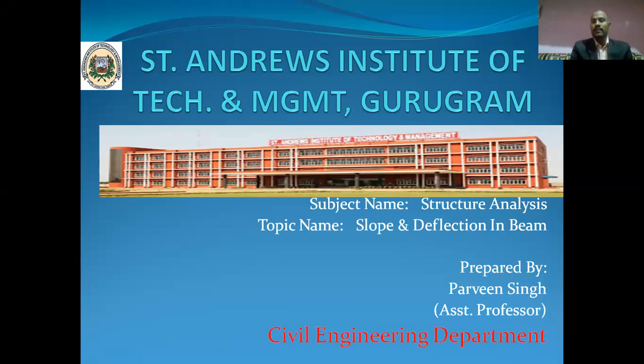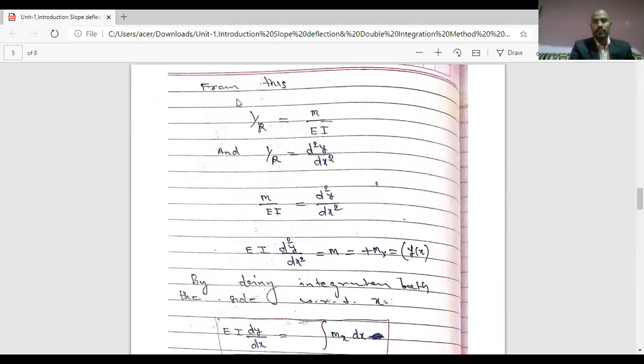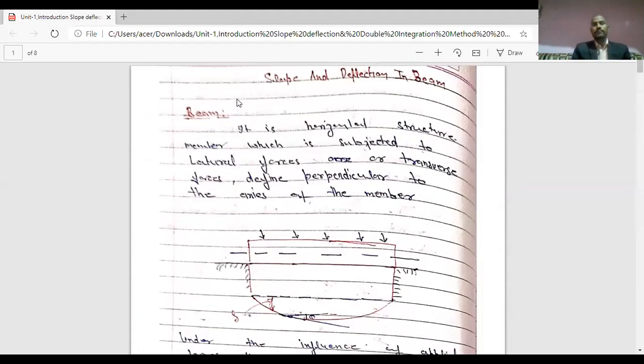Topic name: slope and deflection in beam. Our topic is slope and deflection in beam.